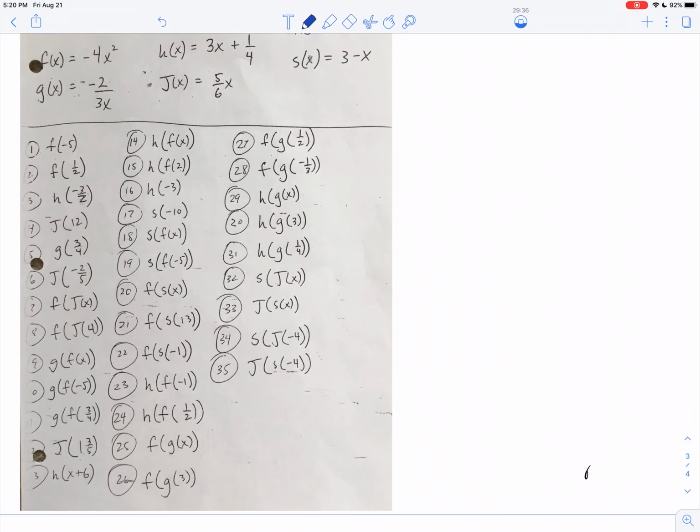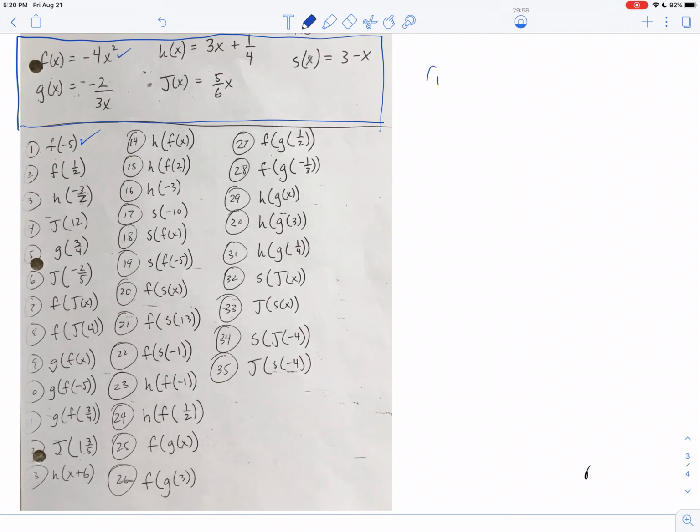I do want you to understand, these are not the same functions I just did. These are different. These are made up for you guys to use. So in problem number 1, where it says f of -5, please don't plug it into the one I used for my example, use this one. But hey, guess what?